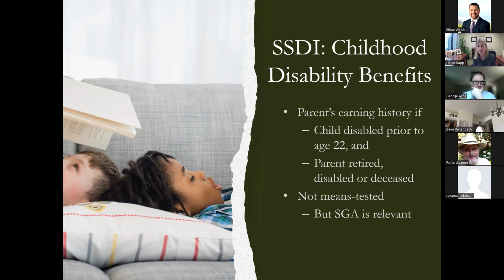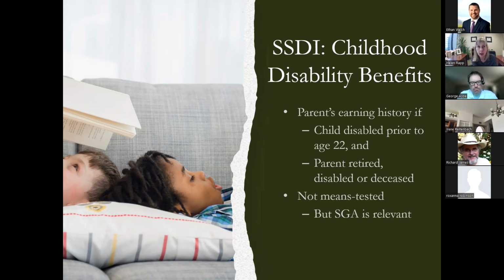So if an adult child was disabled prior to the age of 22, and the parent themselves is either retired and collecting regular Social Security or collecting SSDI or deceased, that adult disabled child is able to collect SSDI based on their parents' work history. So they don't have to have ever worked.